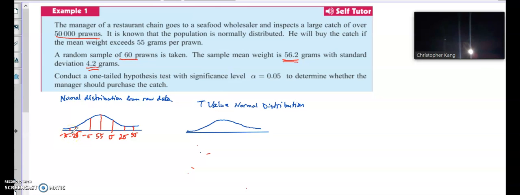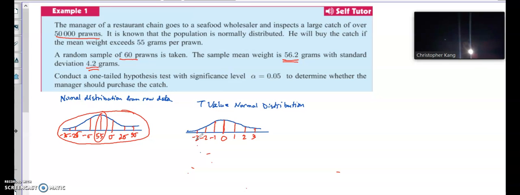Well, one of the things the t-value does is, instead of using this raw normal curve, the t-distribution always changes the mean so that it's 0. And instead of counting the actual standard deviations, we assume that each standard deviation is 1 unit away from the mean, 2 units away from the mean, 3 units away from the mean, and so on. -1, -2, -3, and so on. Okay?